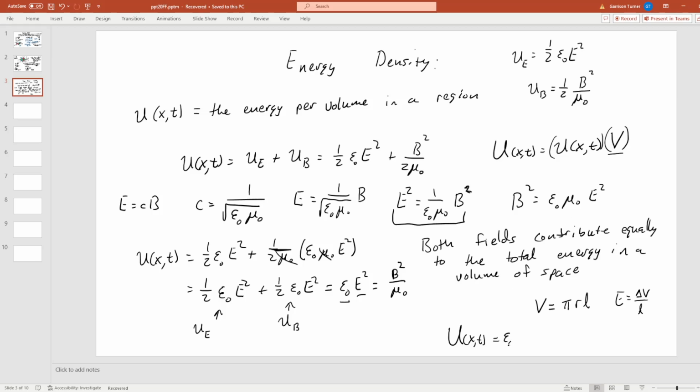So I would get epsilon naught times delta V over L, quantity squared, and then multiply that by my volume, pi r squared times L. So this would be pi epsilon naught, my L's cancel, pi epsilon naught r squared delta V squared.